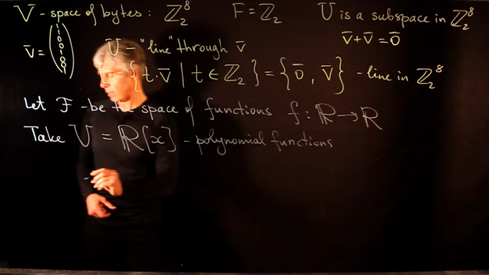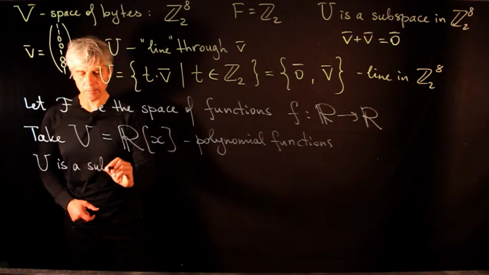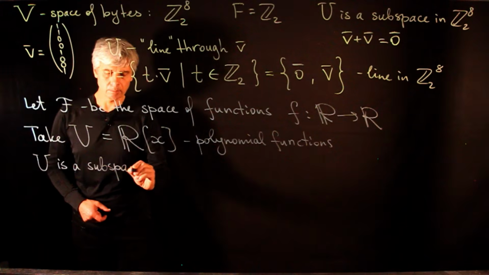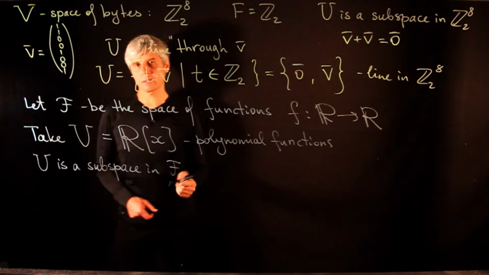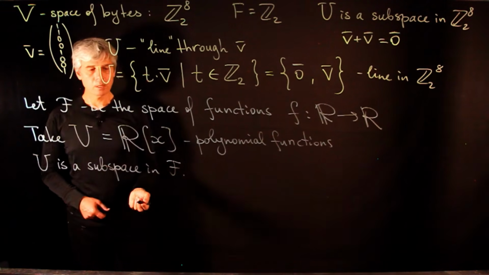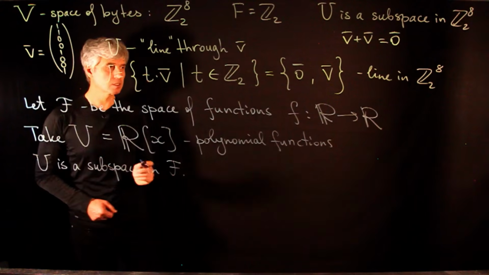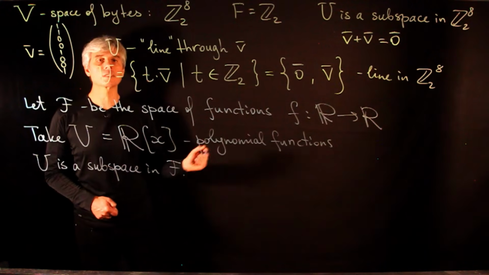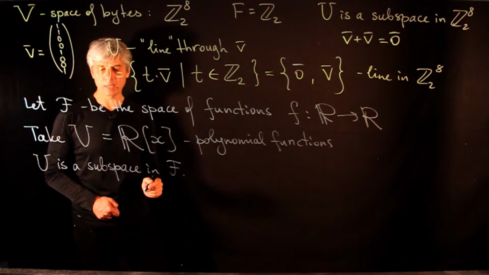And we claim that U is a subspace in F. So let's indeed check this. Well, what's a 0 vector in F? The 0 vector in F is a constant 0 function. So it's a function that assumes 0 value for all x.